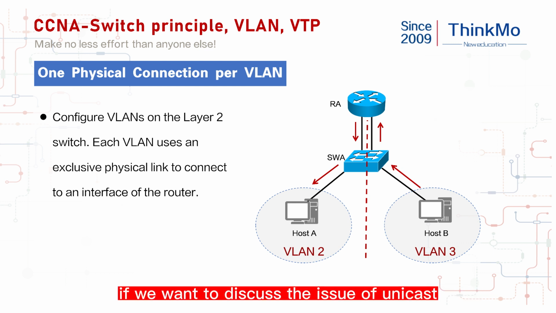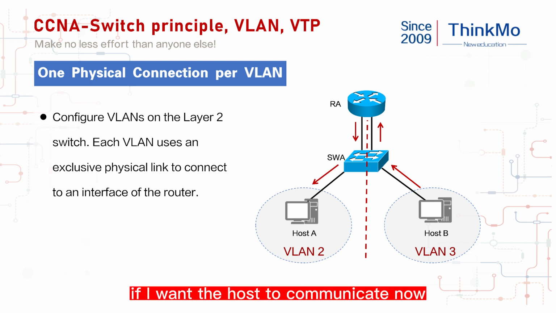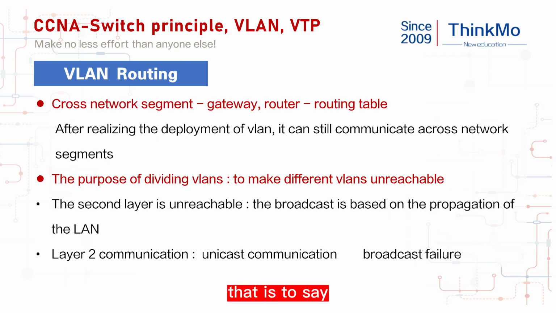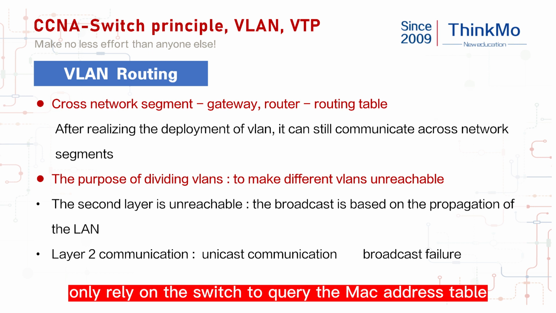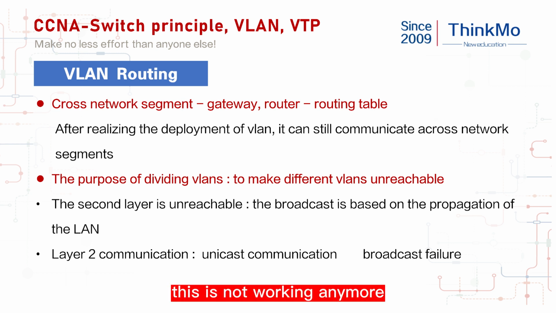If we discuss unicast at the second layer, neither unicast nor broadcast works. If I want the hosts to communicate now, it can only be across network segments. At layer 2, the switch only queries the MAC address table, finds the corresponding VLAN and interface, and forwards accordingly. This is not working anymore. You can't complete the communication. So now we can only communicate across network segments.